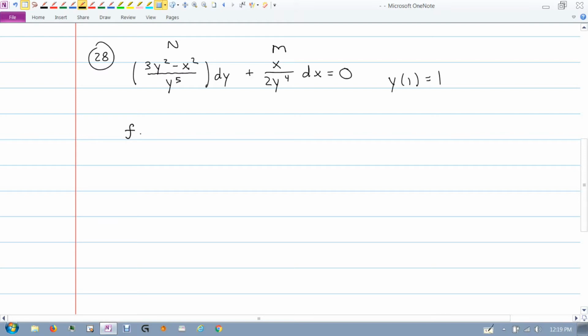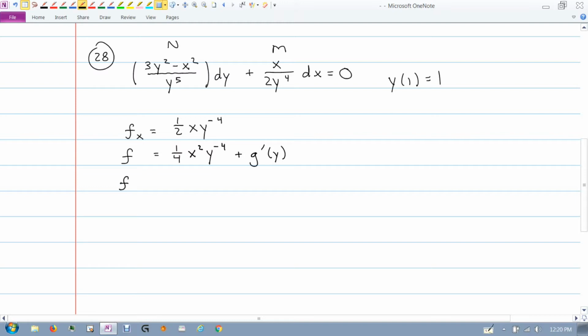We've got partial of f with respect to x must be M. So I'm going to write that as 1/2 x y to the negative 4, like that. And now that means f, if we integrate this with respect to x, we get 1/4 x squared y to the negative 4 plus some function of y.